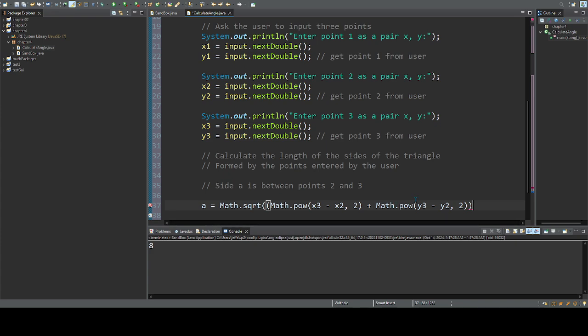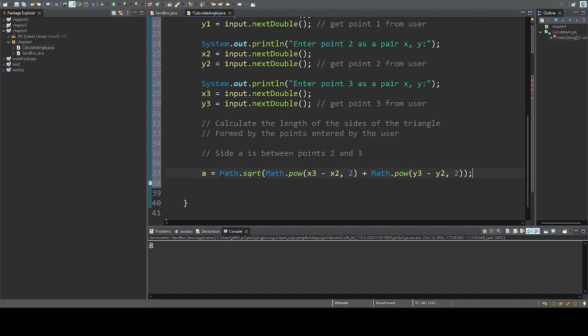Let me make sure I have all my parentheses right. So the square root starts here, and now I need to trap the two Math.pows in the square root. I have an extra parenthesis there, and I think that should do it. So what we're doing is the difference between the x values squared plus the difference between the y values squared, take the square root. And that was the distance formula that we did.